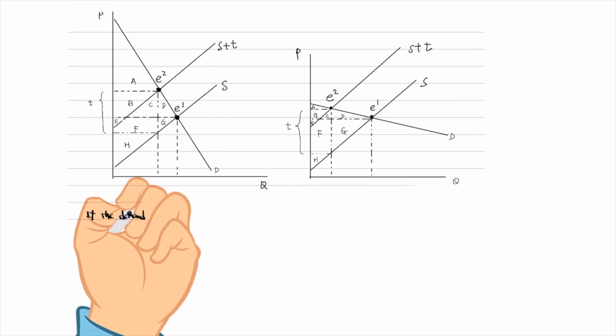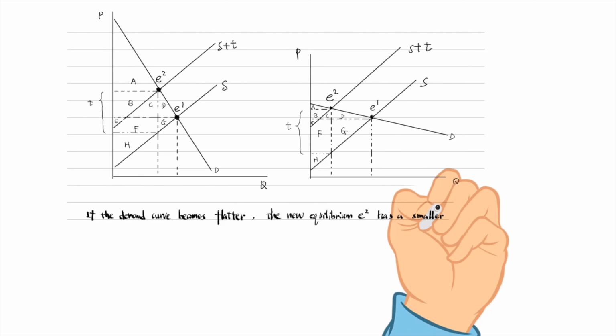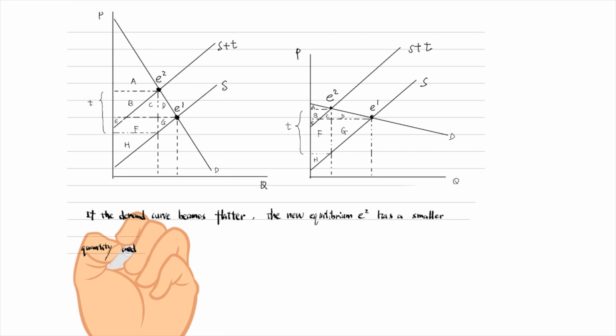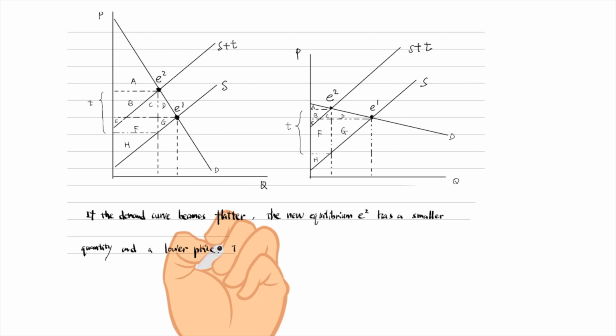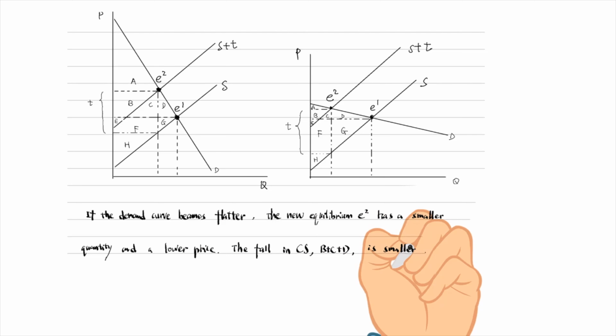If the demand curve becomes flatter, the new equilibrium E2 has a smaller quantity and a lower price. Compared to the original demand curve, the fall in consumer surplus, the area of B plus C plus D, is smaller.